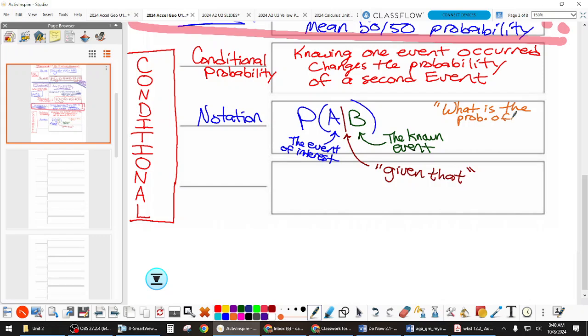I'm going to abbreviate probability. What is the probability of A given that B has occurred?